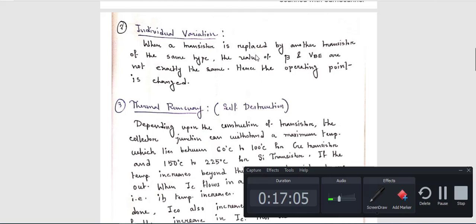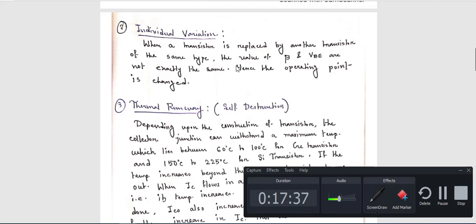Again, one parameter is related to this, that is individual variation. When a transistor is replaced by another transistor, suppose you are doing an experiment using a transistor and your transistor becomes faulty. Now what will you do? You will replace it with another transistor. That means you remove your damaged or faulty transistor and insert a fresh transistor.